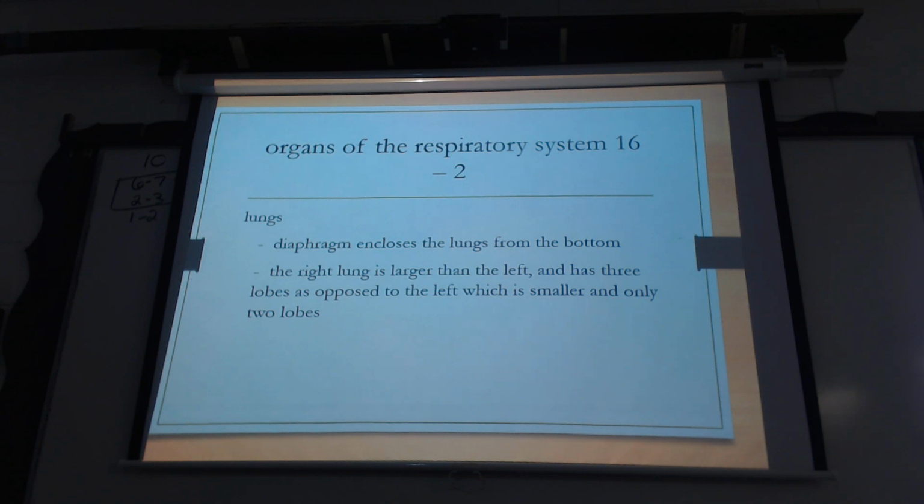Now, when we think about respiration, do the lungs forcefully contract? When something contracts, what is causing a contraction? Bone tissue? Skin tissue?